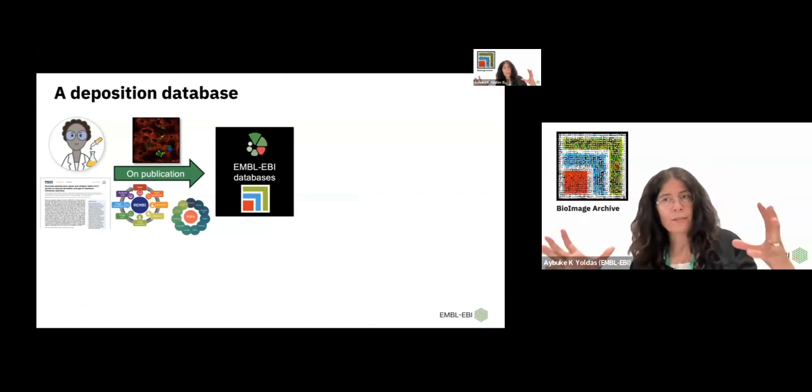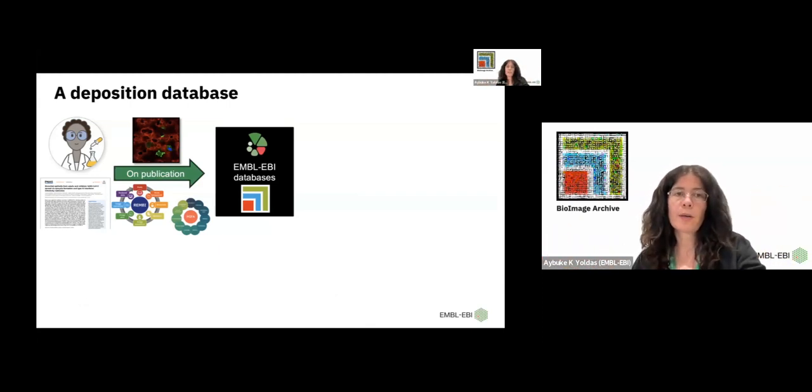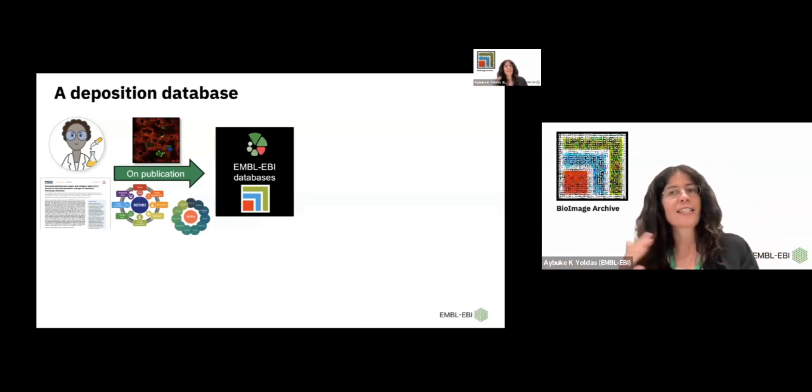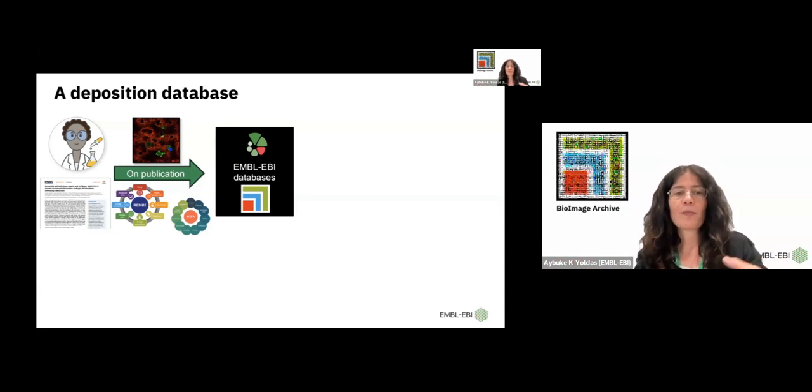So going back and recapping, as I said, we are a deposition database where we take the data which are associated with the publication. It says on publication, but please do not wait until your paper is about to be published, because huge data sets take time to upload and get processed, with the associated metadata, and then we serve it.